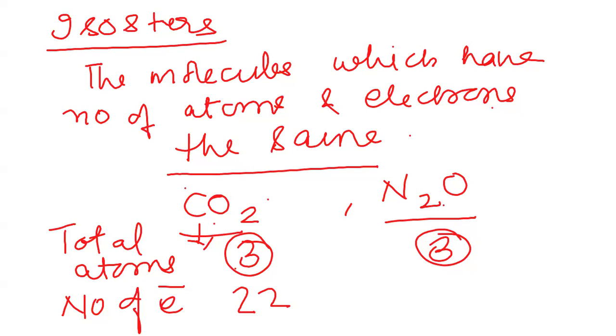You have to calculate the total number of electrons. So how many electrons are present in nitrogen? 7. So 7 into 2 is 14, plus 8 for oxygen, which gives 22.